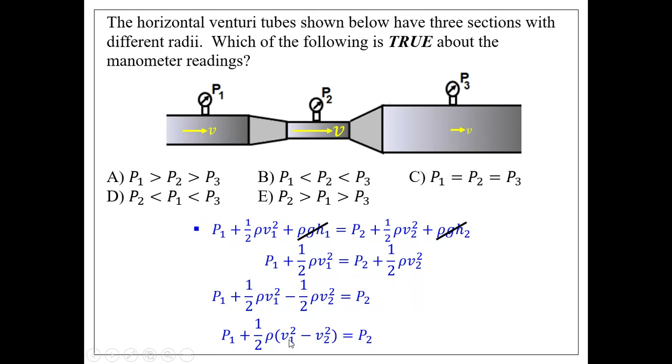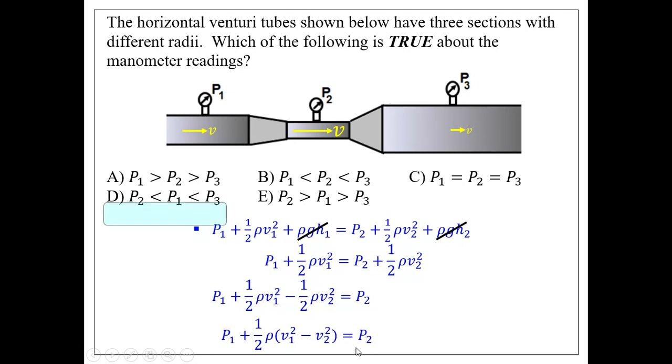A small number squared minus a big number squared will give you a negative number. A negative number times rho times 1/2 gives you a negative number. A negative number plus a positive number would give you a smaller positive number, which implies that P2 would have to drop because the velocity increased. So mathematically it also works out.